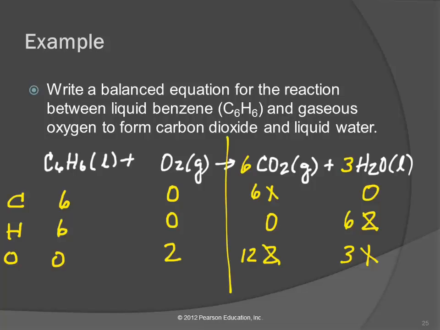Is there a fraction that we could multiply that would give us 15 oxygens? We could multiply by 15 halves, right? 15 halves times 2 would give us 15. So that's how you can end up with fractions in your equation. If you put 15 halves in here, 15 halves times the 2 oxygen is going to give us the 15 oxygen atoms. And then we'd have to clear the fraction by multiplying everything by 2.